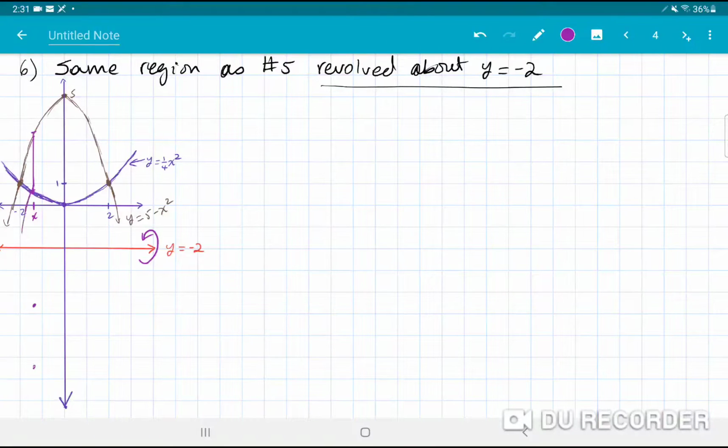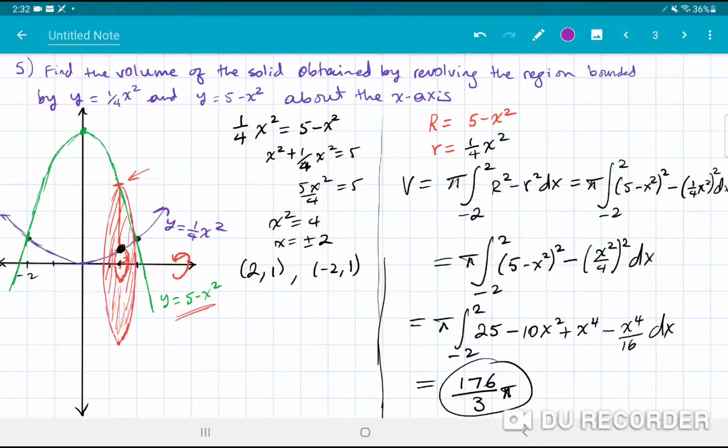So revolving the region about the line y equals negative 2 and cutting it at x, the cross section would look like a nice little washer here. This one is a wider washer compared to the one before, because the distance from the axis of revolution to the graphs is larger.